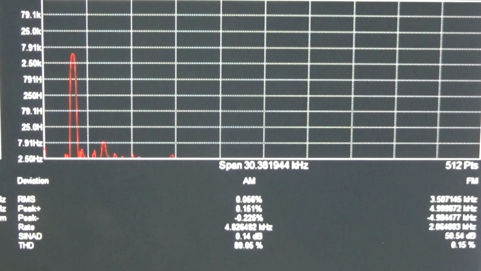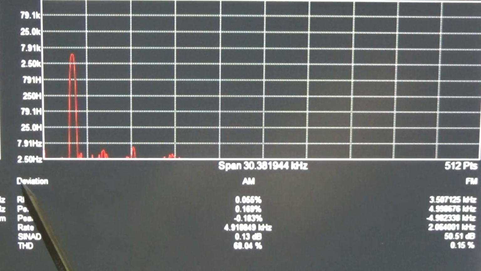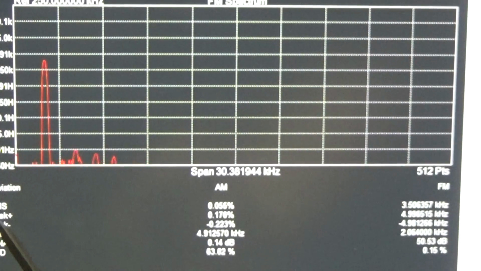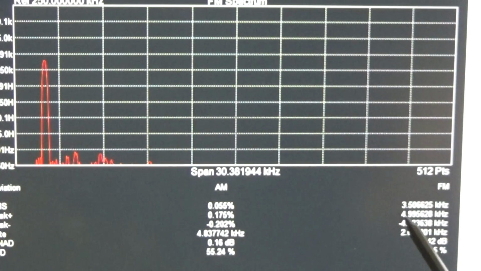I really hope that you can read it, because we have here the information, and we have here our FM demodulation, and what we see is that our peak plus and minus, so that is our deviation, is 4.99 whatever, so approximately 5 kilohertz.